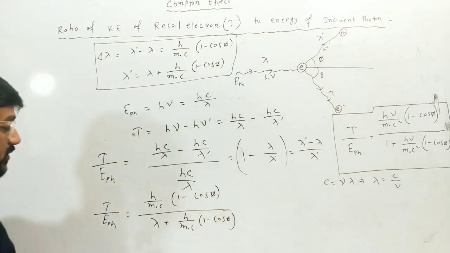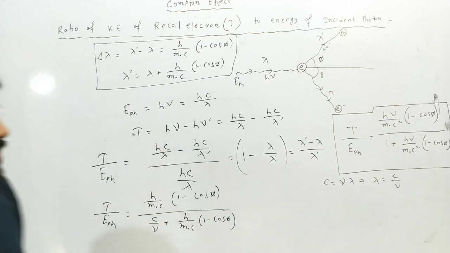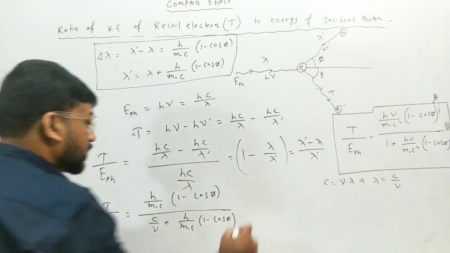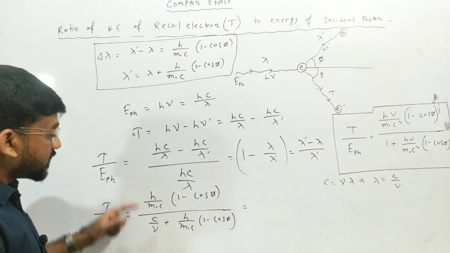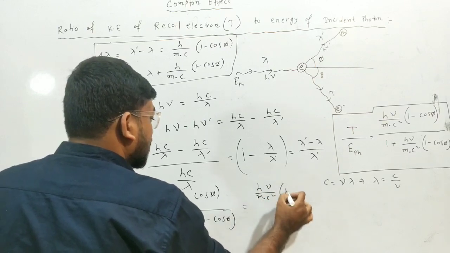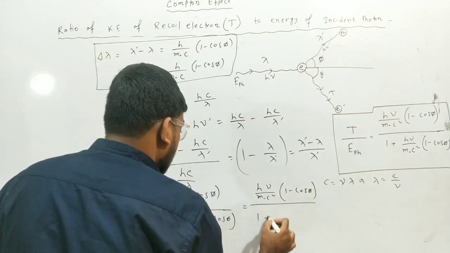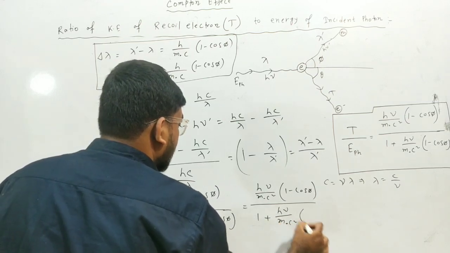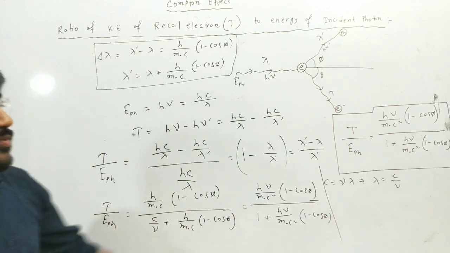Now if we multiply both numerator and denominator by nu by c, the numerator becomes h nu by m0c square into 1 minus cos phi, and the denominator becomes 1 plus h nu by m0c square into 1 minus cos phi. This is the result that we had to prove.